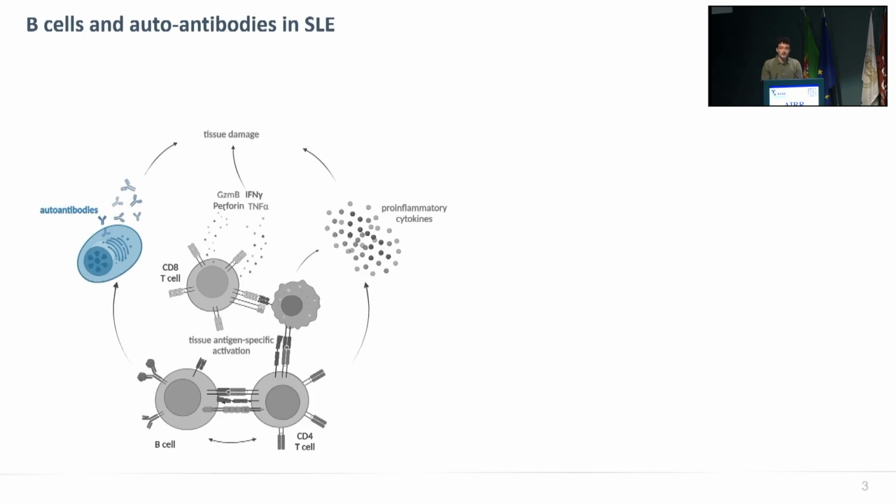Regarding the pathophysiology of that disease, with a focus on the adaptive immune system, that disease is characterized by the presence of autoantibodies produced by B cells. But B cells do not act alone, right? And one of their main interactors are T cells, helper T cells, which are almost always necessary for their activation, proliferation, and differentiation into plasma cells.